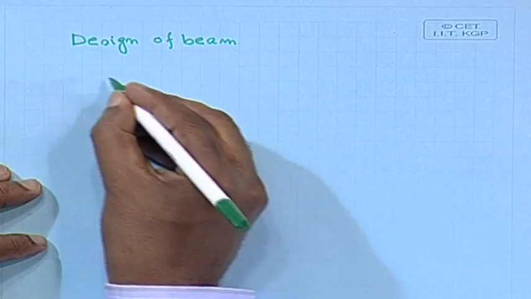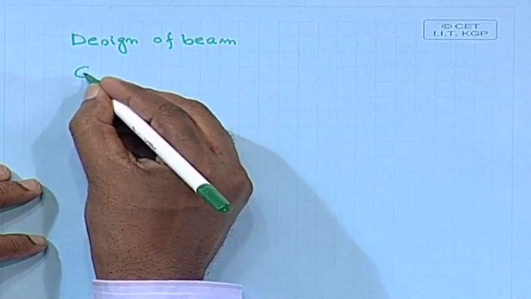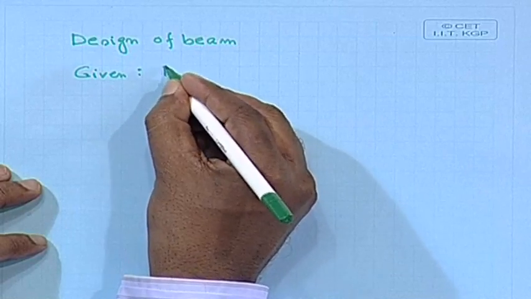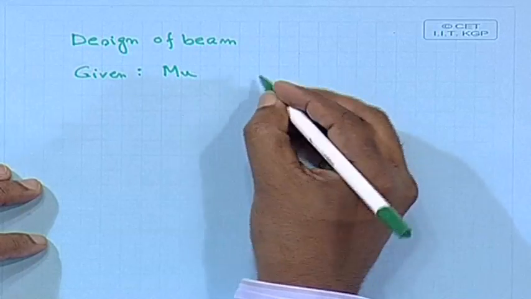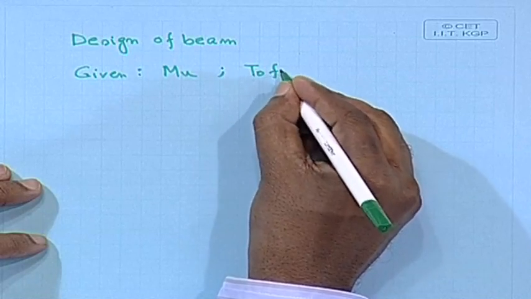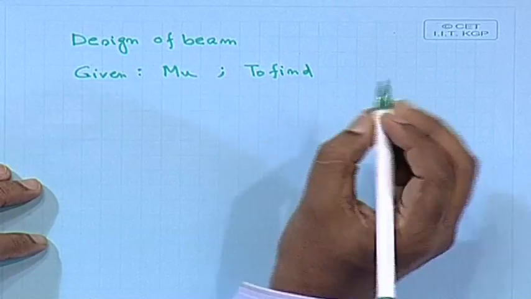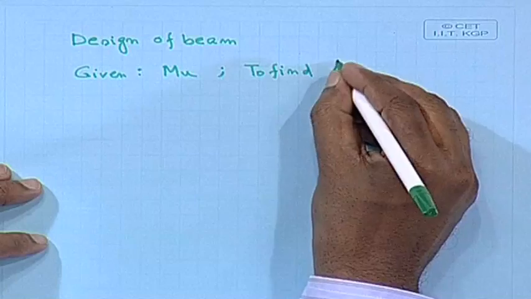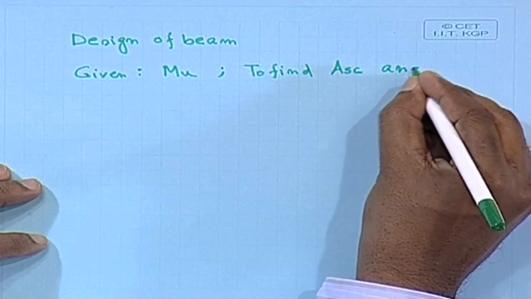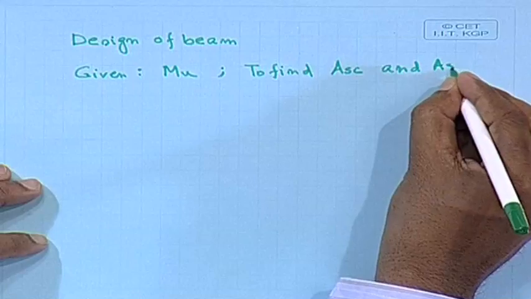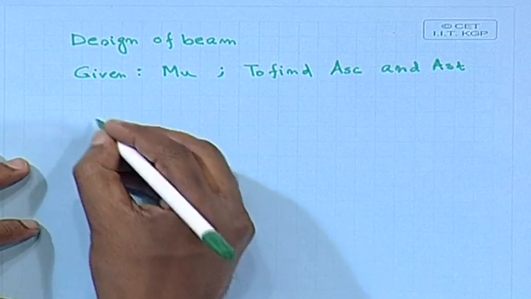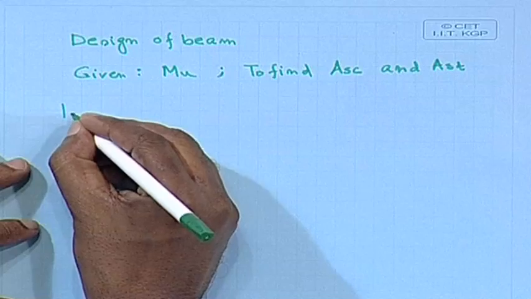Here, given Mu, we have to find ASC and AST, the area of steel in the compression side and the area of steel in the tension side. So, what are the steps?